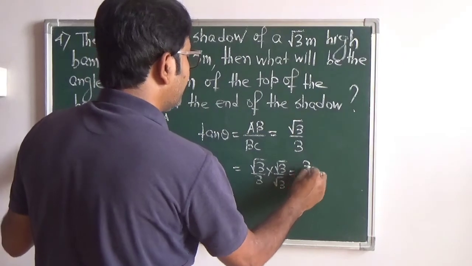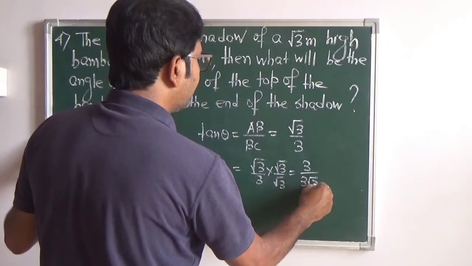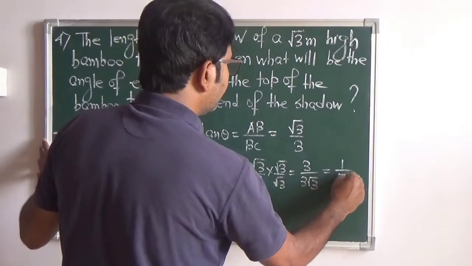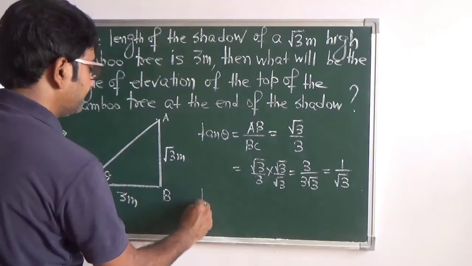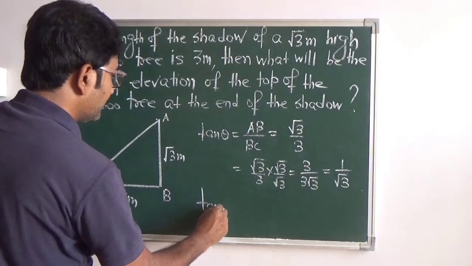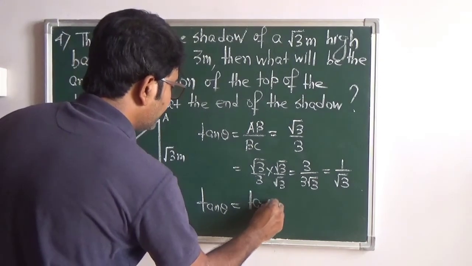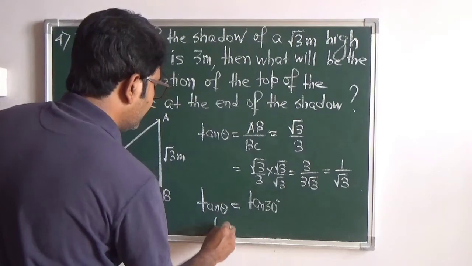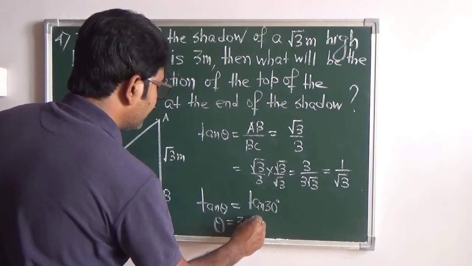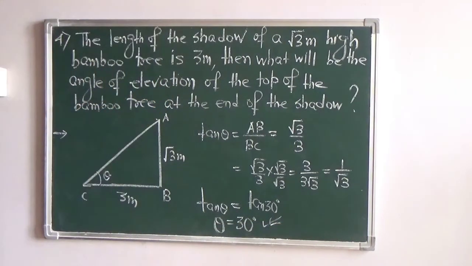So it becomes 3 by 3 root 3, and that is 1 by root 3. So we have tan theta is equal to tan 30. So theta is equal to 30 degrees.